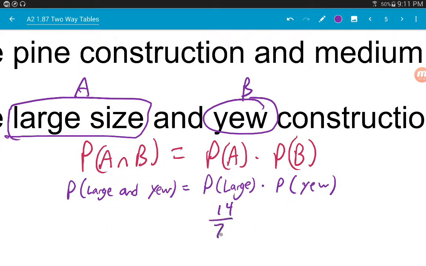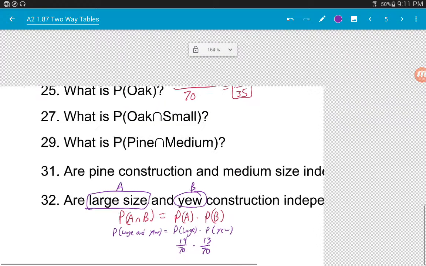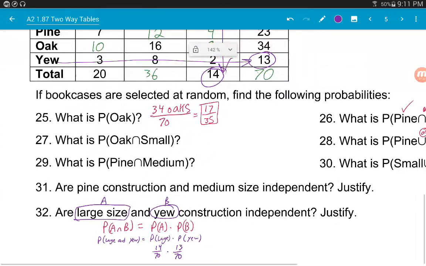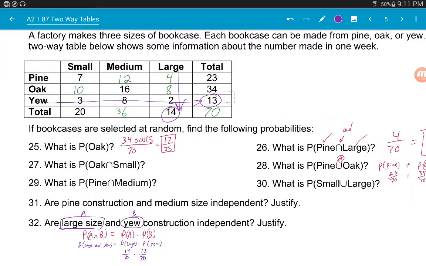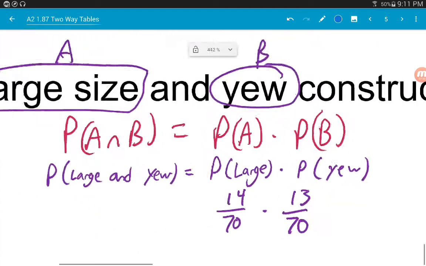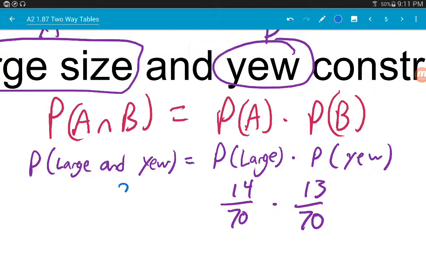So 14 out of 70 times 13 out of 70. And that should be equal to the probability of finding a bookcase at random and it being large and made of U construction. So let's see. How many large U bookcases are there? 2 out of how many? 70. So this is 2 out of 70.